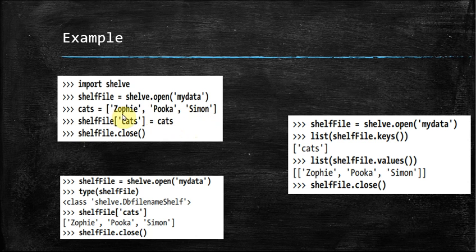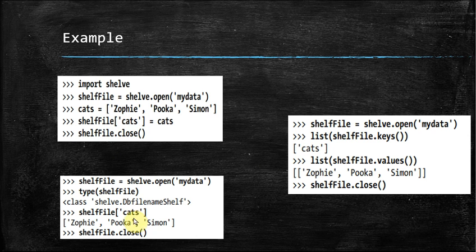These items act as values, and the key is nothing but cats, or in other words the name of your list, which acts as the key. What we have done is stored it in some secondary storage device, which we call persistent storage, so whenever you want, you can retrieve that data.